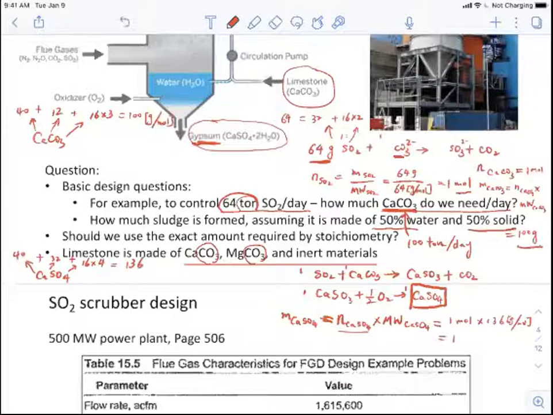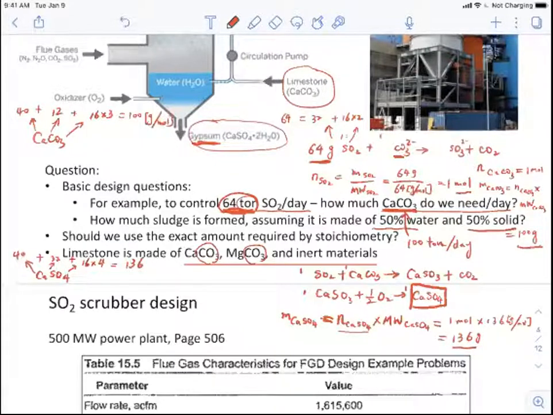Okay, so you're forming 136 grams of the calcium sulfate. So if we look at this emission rate again, we're forming 64 tons of the sulfur dioxide, then it means that we have to generate 136 tons of the calcium sulfate.